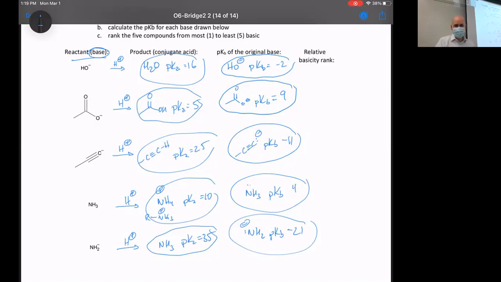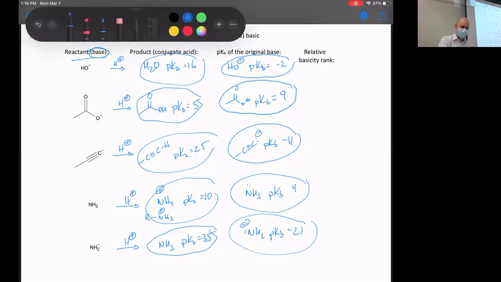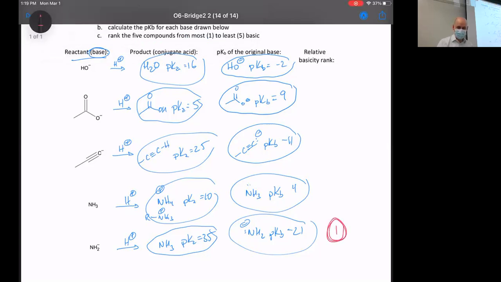All right, so looking at these numbers though, straight up, the relative basicity, so the most strongly basic of all of these is what? We're going red, we're committing to this. What number is most negative? Yes, so this is by a huge margin, your number one strongest base of this list. All right, and then you just go in order.